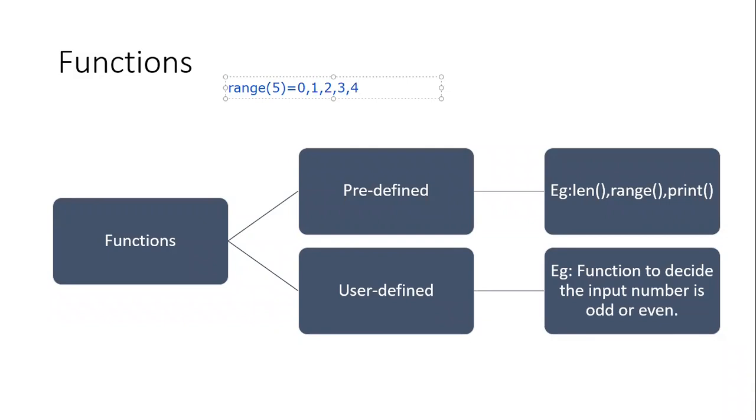Range 5 means 0 to 4. So that means somebody has developed a function that gives this output.